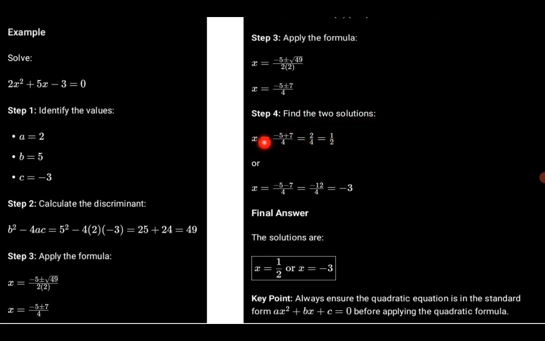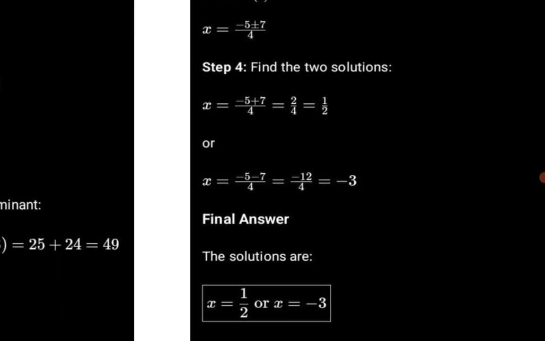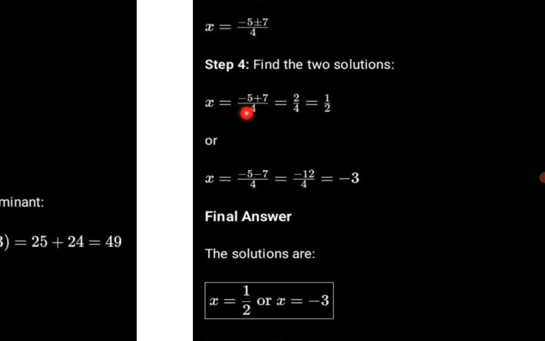So it's either x is equal to minus 5 plus 7, you leave the minus sign for now. So we're saying minus 5 plus 7 divided by 4. So minus 5 plus 7 is 2, divided by 4. It's 1 over 2, which is 0.5.